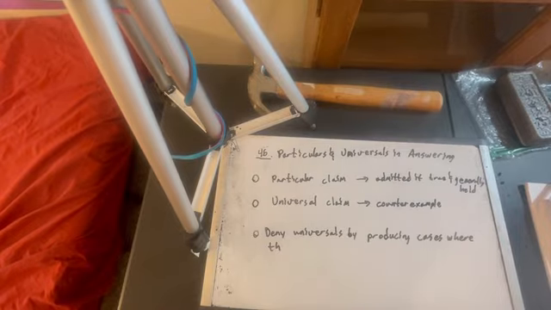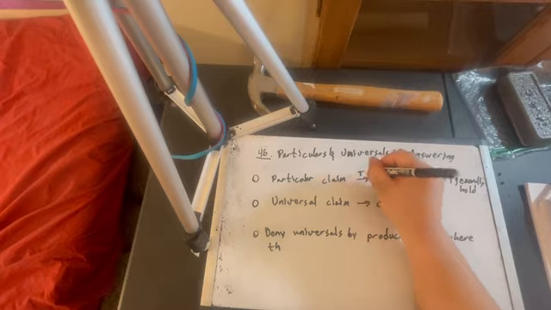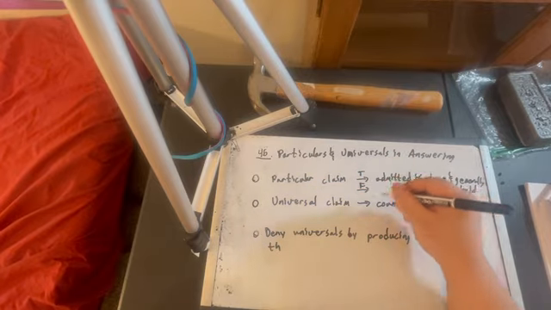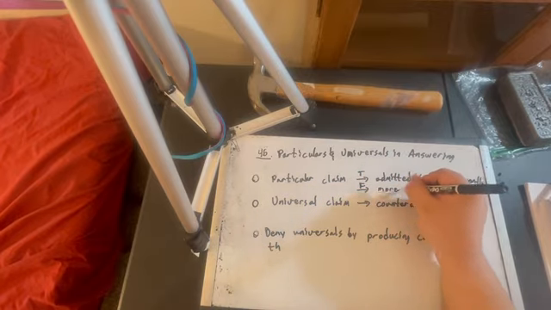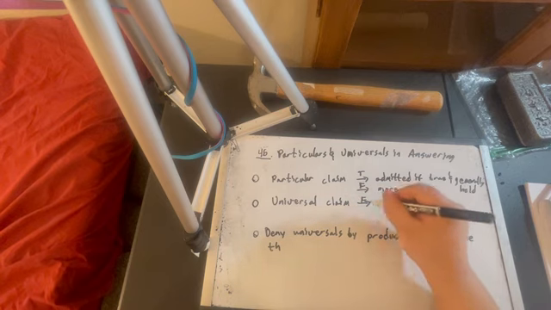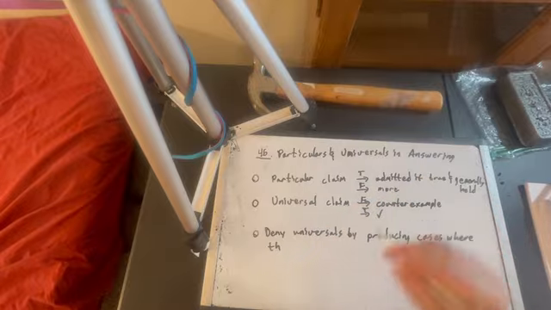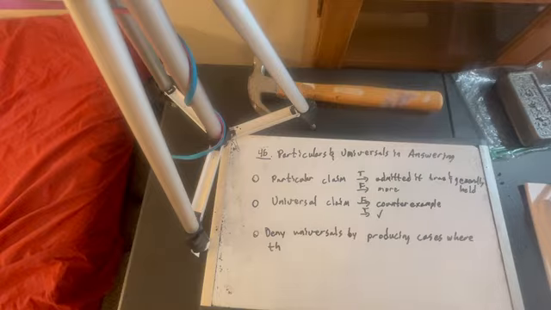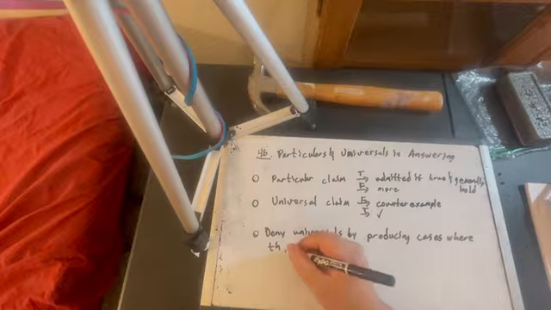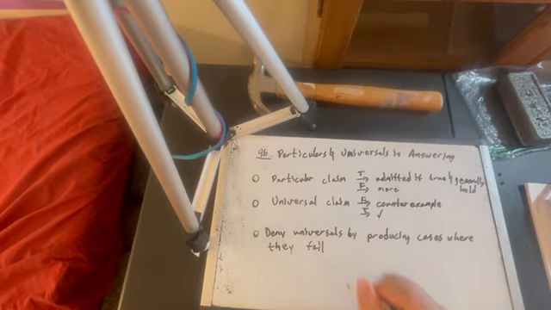If not, then you'll have to go a whole step further in the case in which it's not. So yeah, deny universals by producing cases where they fail. All right, on to the next point.